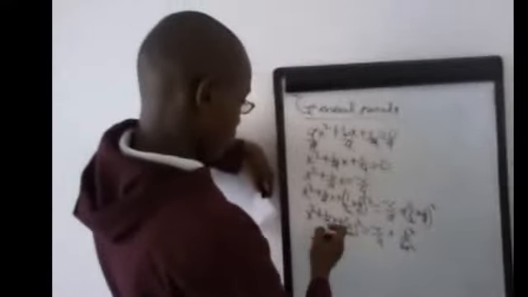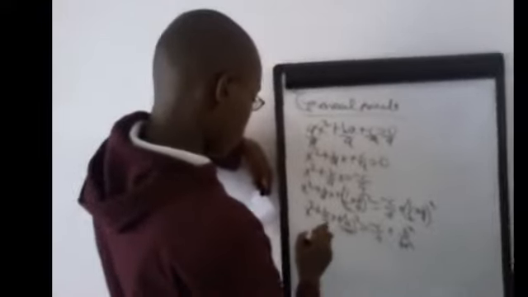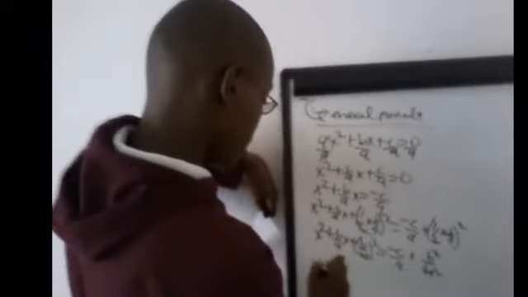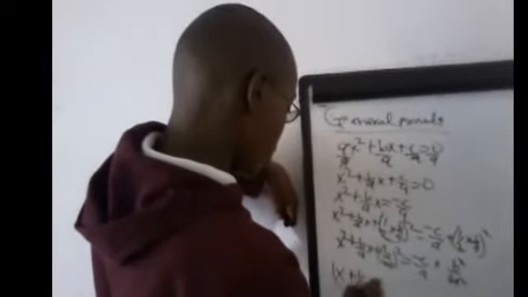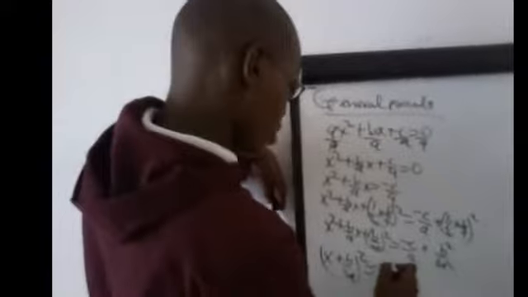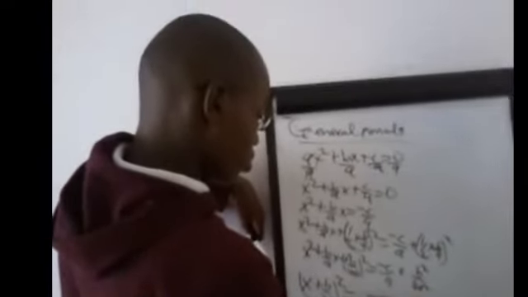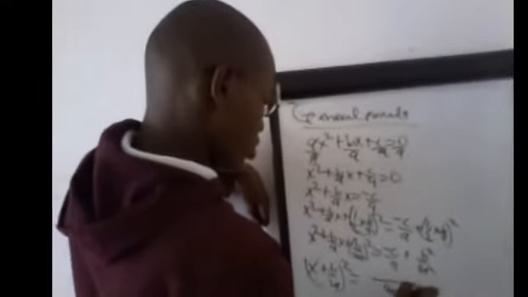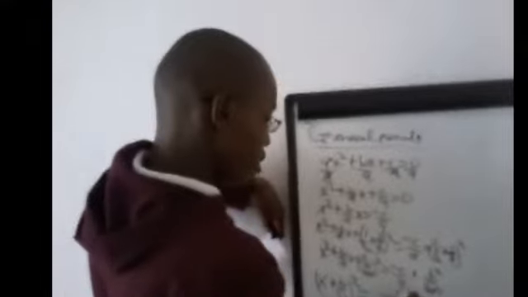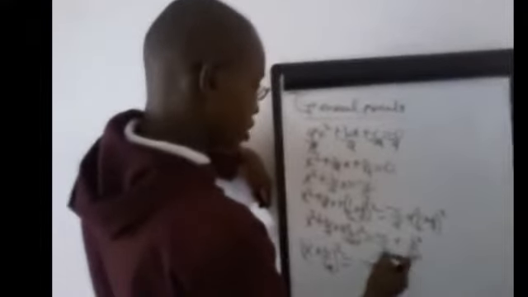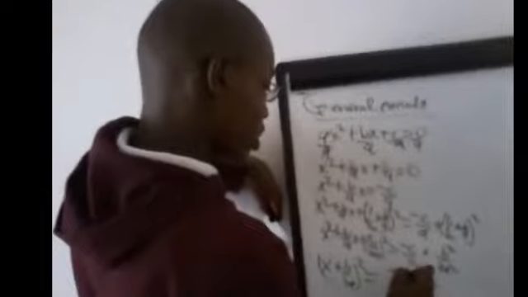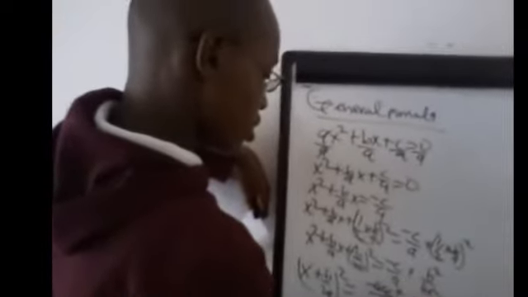We take this and this. It will be (x plus b over 2a) squared equals, the common factor is 4a squared. 4a squared divided by a is 4a. 4a times negative c, we get minus 4ac plus b squared.